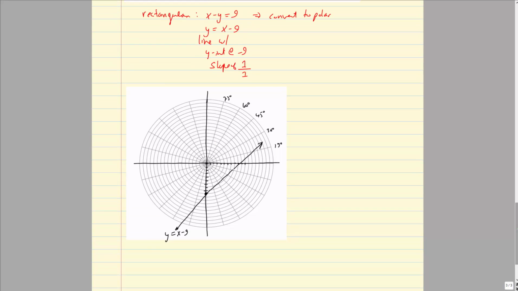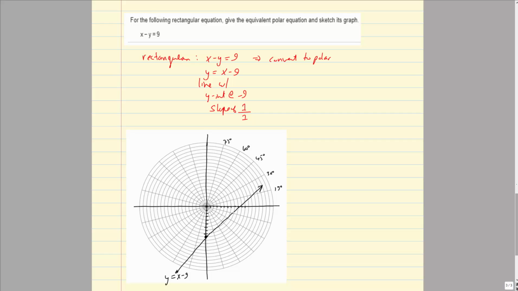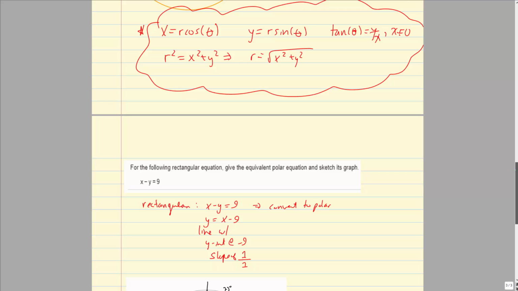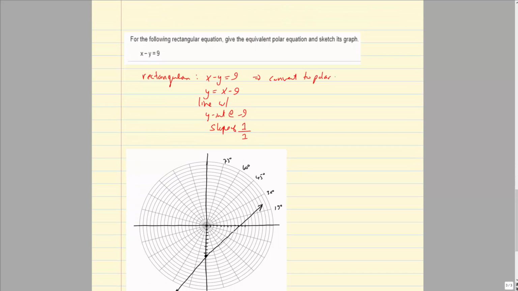However, now we need to convert to polar. To convert to polar, we're going to use the equations we used up above to replace x with r cosine theta and y with r sine theta, and then solve for r. So when we convert to polar, we want r equals stuff. To start with, we had x, which is r cosine theta, minus y, which is r sine theta, equals 9.